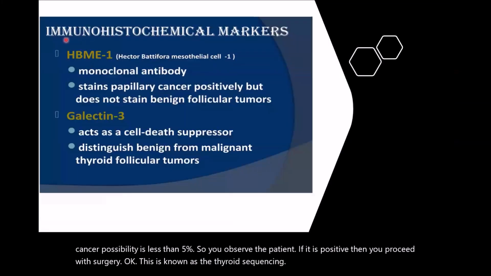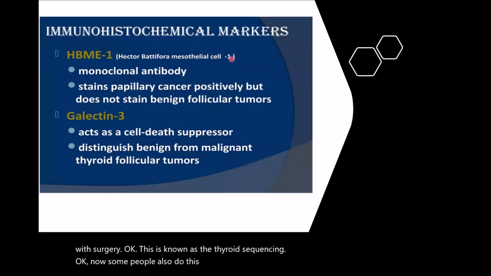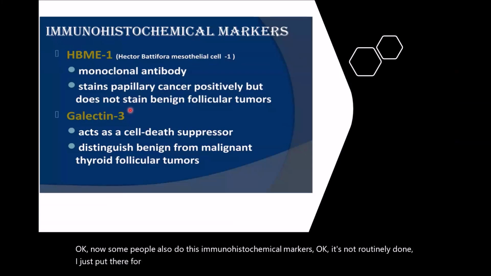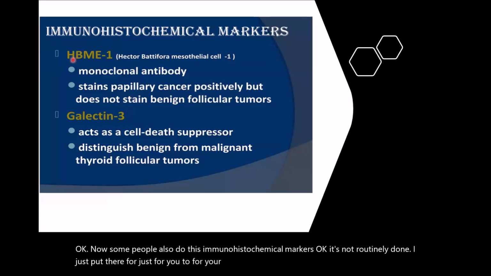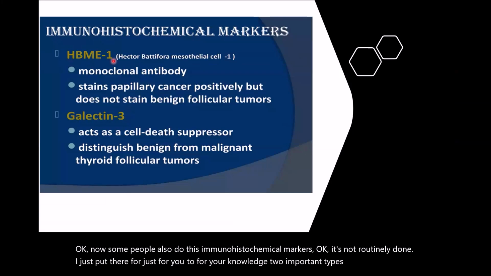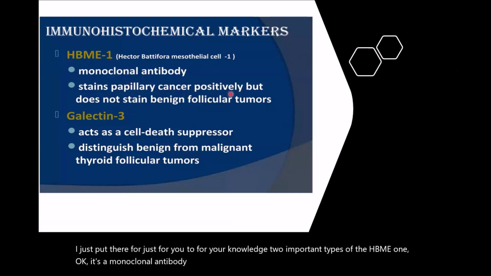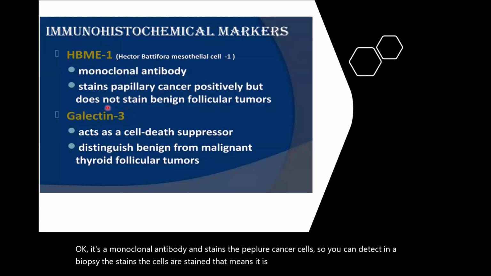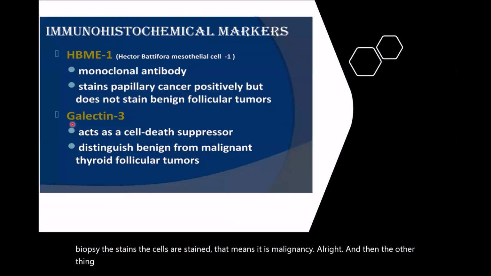Now some people also use immunohistochemical markers. It's not routinely done; I just put it there for your knowledge. Two important ones are HBME1, a monoclonal antibody that stains papillary cancer cells, so if the cells are stained, that means it is a malignancy, and the detection of galectin-3.